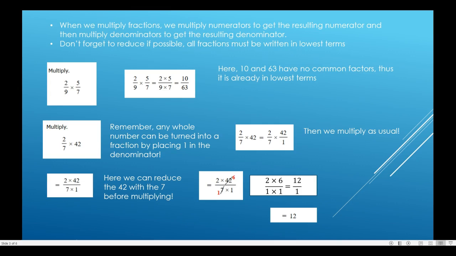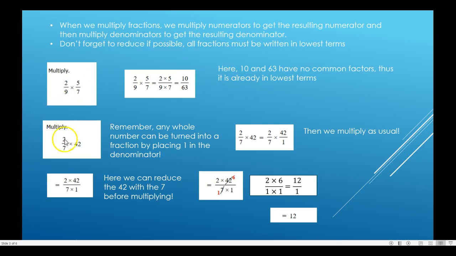And remember to always make sure your final fraction is in lowest terms. So if you look at 2/9 times 5/7, we just multiply 2 times 5 to give us 10. We multiply 9 times 7 to give us 63. Then we look at 10 over 63 to decide if it can be reduced. Here it cannot, so it's already in lowest terms.